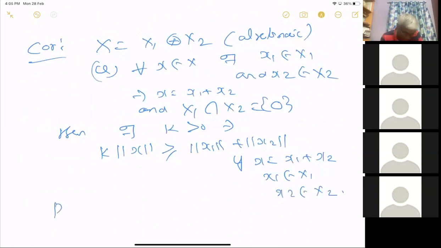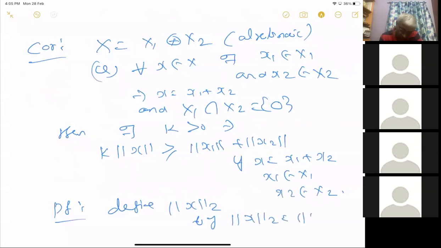I mean, this proof is immediate. So define a new norm, norm x2 equal to norm x1 plus norm x2.